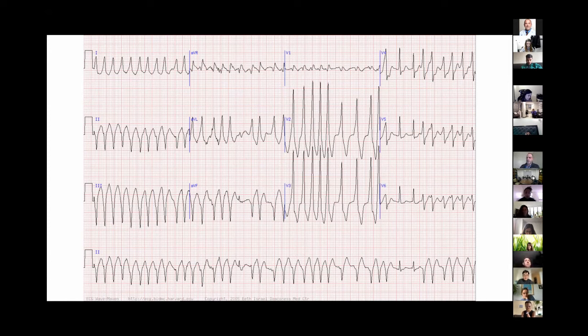For this condition, again, it's rare. Usually maybe in a year you would see 1 or 2 patients, at least in our hospital. But the main thing to know here is that you should not give AV nodal blockers, because then you will block the AV node even more, and you will favor the conduction through the accessory pathway, and you will worsen this condition, and then you can degenerate to VFib and cardiac arrest.